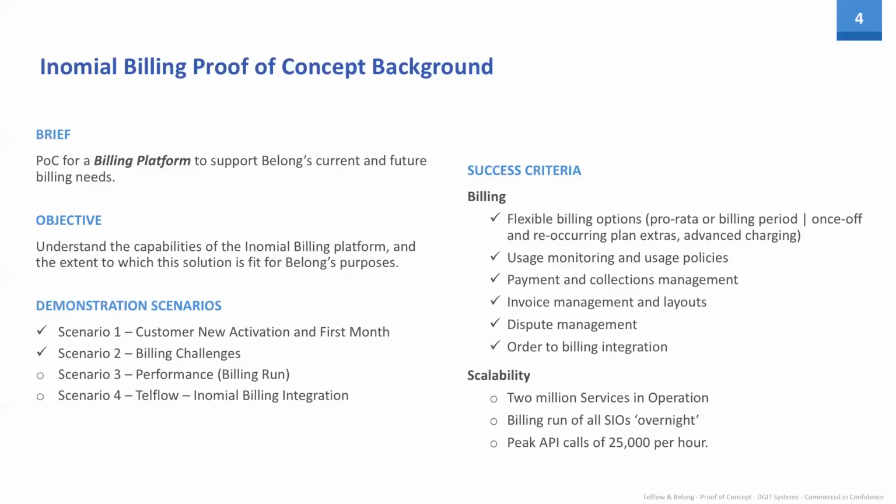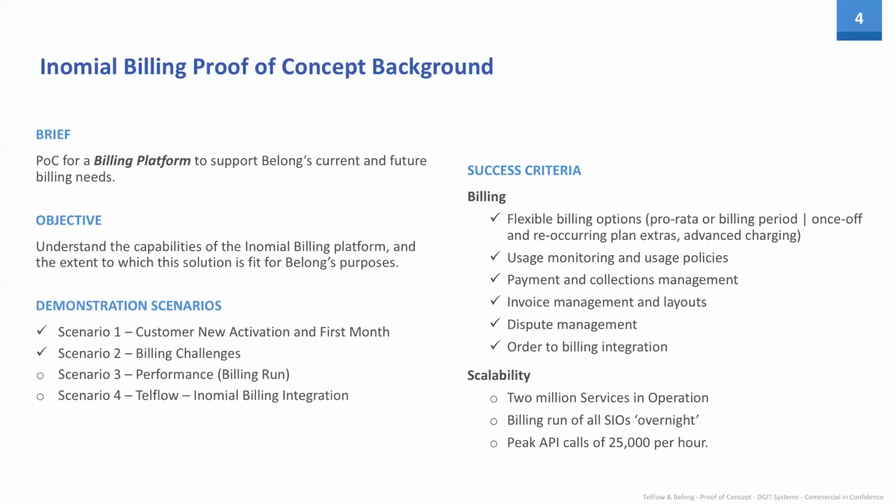Payments and collections management, so being able to manage how the customer pays and react if they don't pay, for example. Invoice management and layouts, so how we present those invoices and some of the options you could potentially put there. And finally, dispute management and order to billing integration, so putting those two pieces of the puzzle together so you can order all the way to the bank and invoice and things like that.